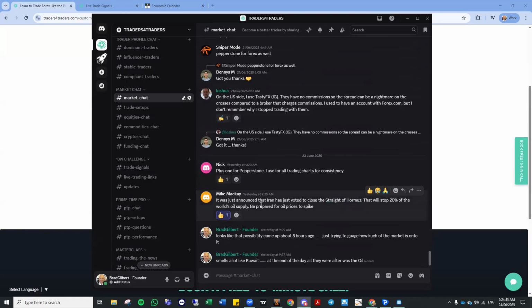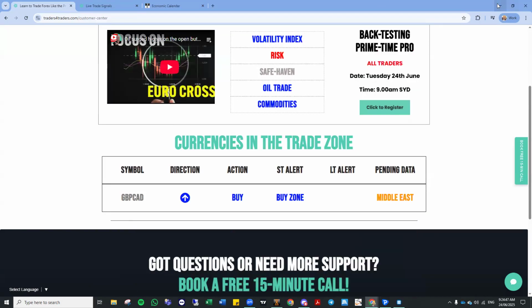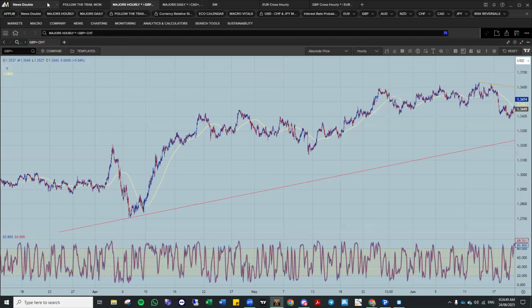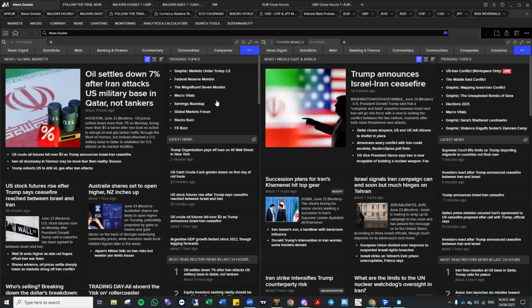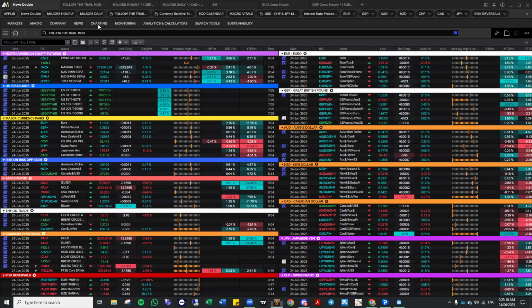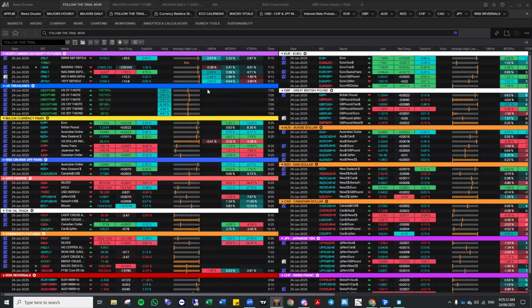There was a lot of excitement in the media, and you see the worst of the media when these things happen. It's all about fear. 70% increase in fuel prices, global recession, the world's going to end, all this sort of crap. And look at this, oil settles down 7% after Iran attacks, right? There was not a lot of activity in the currencies, and I was looking at it very closely.